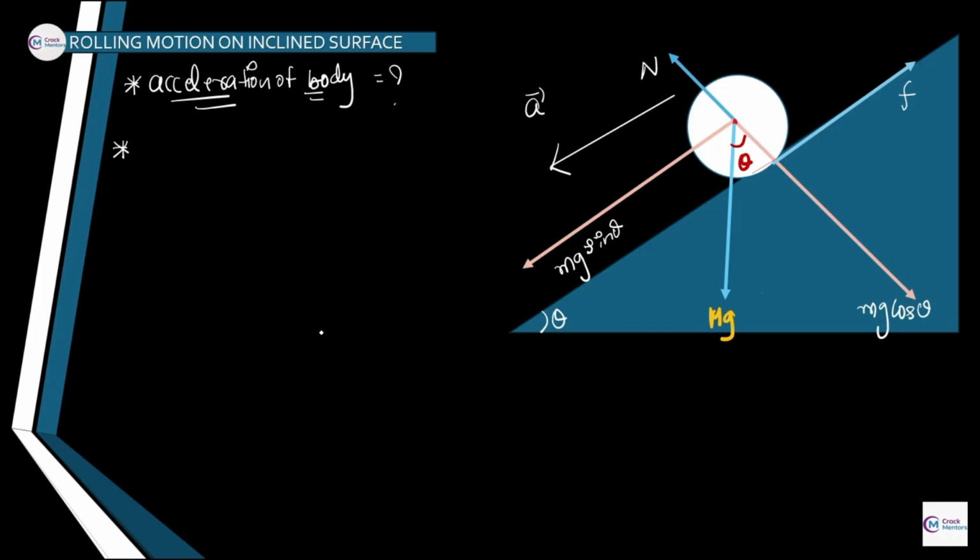The force which is directed in the direction of acceleration minus the force which is opposite to the direction of acceleration is equal to mass into acceleration. This is the thing that we know. So mg sin theta minus friction is equal to mass into acceleration, and we know another thing, that the normal direction is equal to mg cos theta.